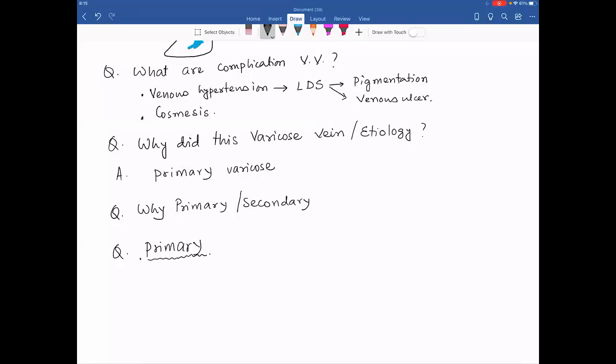Now talk about primary varicose vein. What is a primary? Why does a primary varicose vein develop? Sir, no specific etiology is identified. So people have proposed 4 causes. Valve incompetency. Point number 2, weakness in wall of veins.